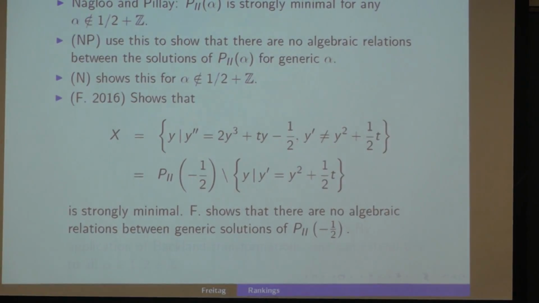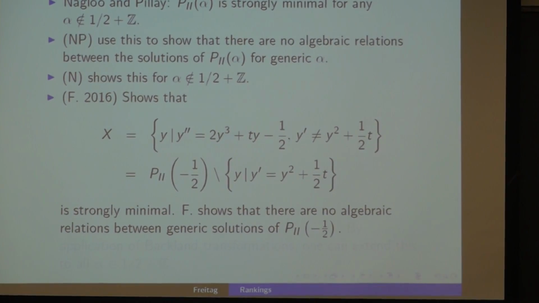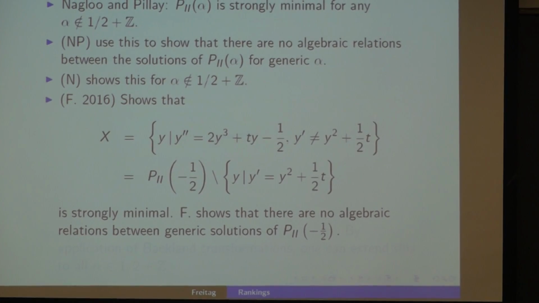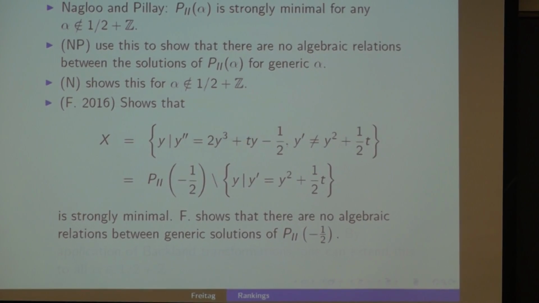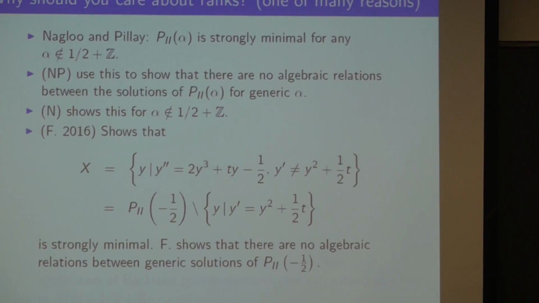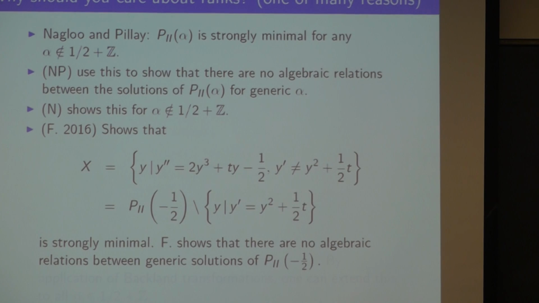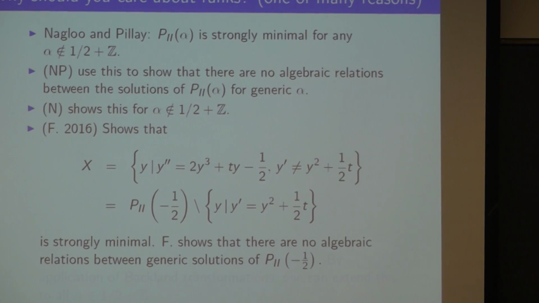Okay. All right. So why do you care? I mean, the definitions were a little weird, hard to calculate. I'm not doing a very good job selling why you want to do this so far, but here's one of many reasons. Here's one example.